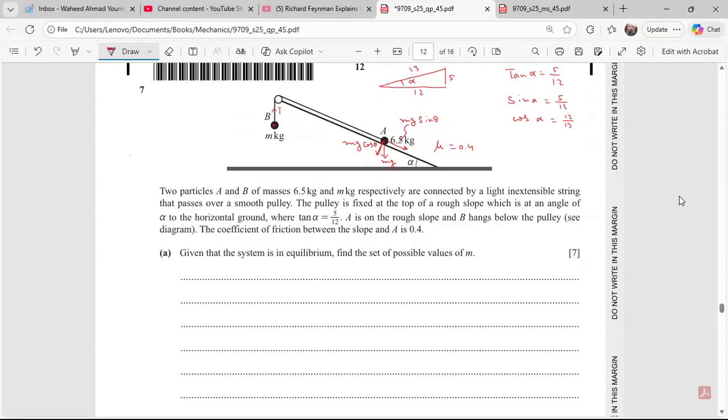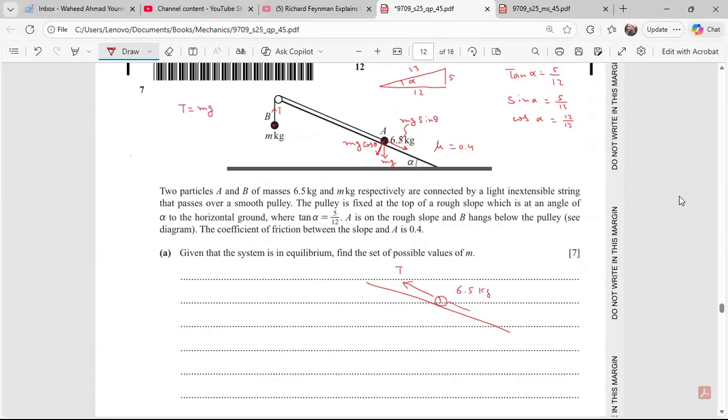Since there's no motion, I will assume the tension is equal to mg. For the object with mass 6.5 kg, there's an upward force which is the tension. Whatever the tension in this string, the same tension is the upward pull over here.